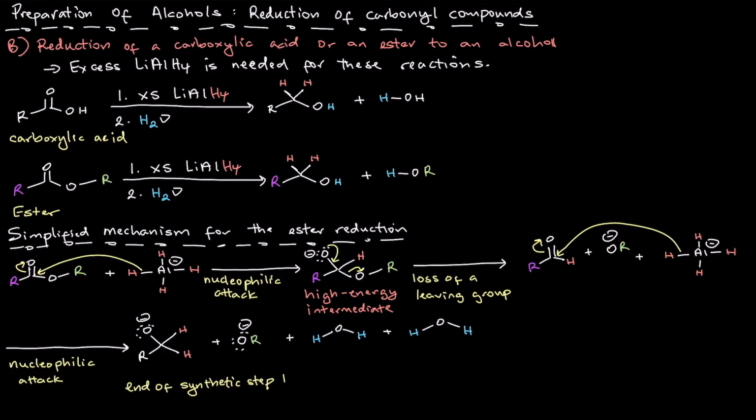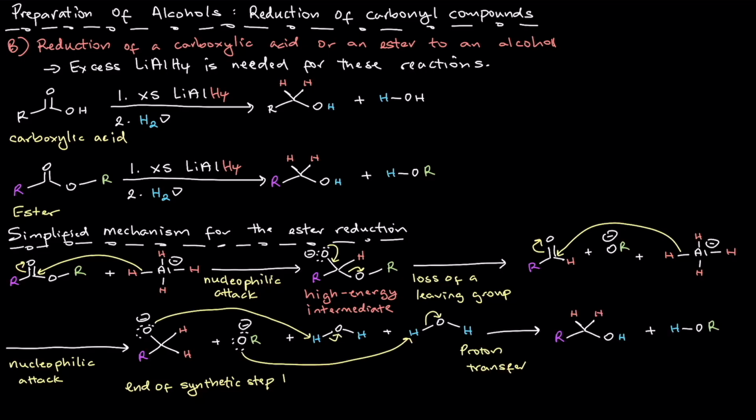Now we can wash both of our products in water, and essentially, you're going to go through multiple proton transfer steps that get you to your desired product. Note that in this case, it's a nucleophilic attack on that carbonyl carbon. You form that high energy intermediate. You go through a loss of a leaving group, which will produce one of the alkoxide products, but also produce an aldehyde.